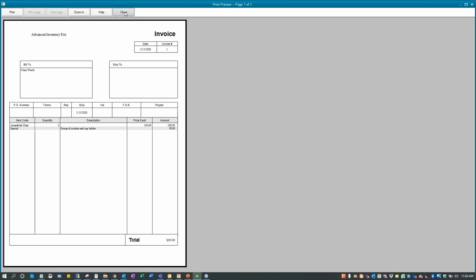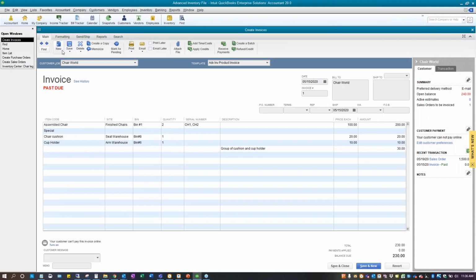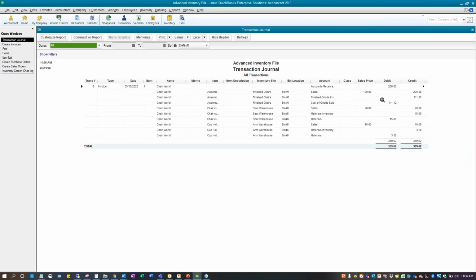That's your choice when you set up the group. So this invoice is just your normal invoice. It took my inventory out of inventory, put it into cost of goods sold. I got my sales price for my cup holder, my sales price for there, created the AR. Notice that this transaction here is for my group, my cup holder, and my cushion. So this was the effect of that journal entry that the invoices did.